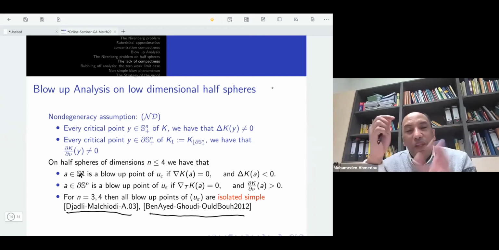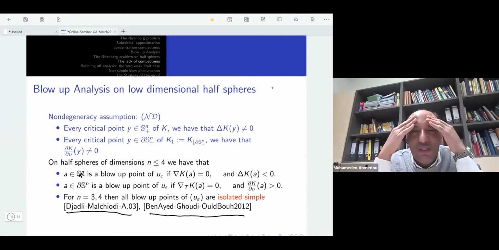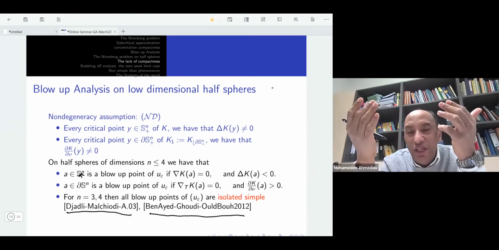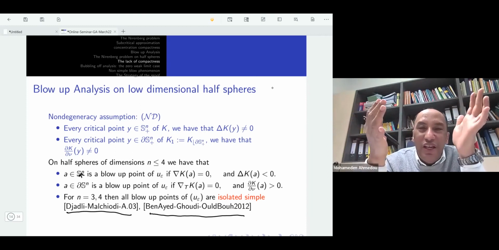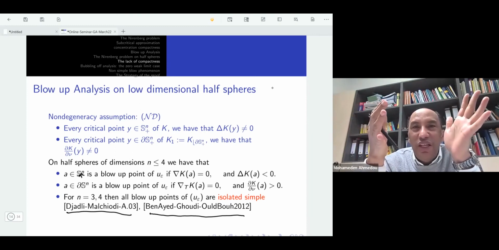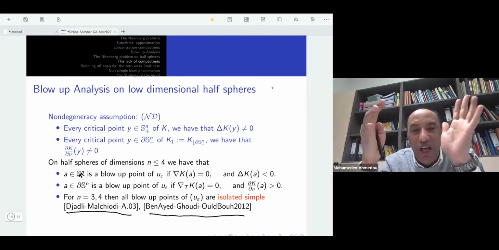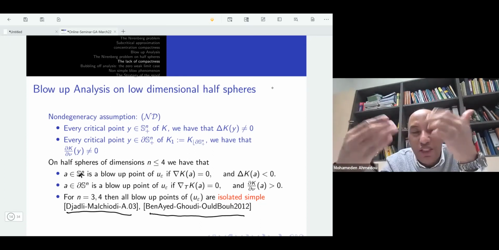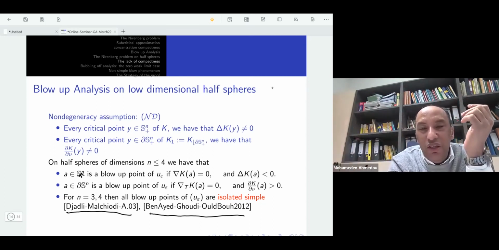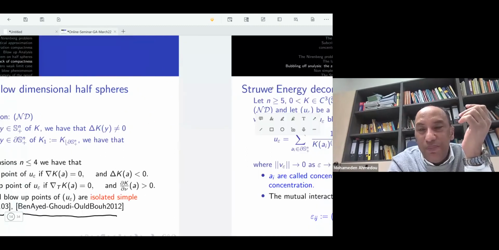And now our goal here was to analyze what happens for the high dimensional half sphere. We have seen that for the case of the closed sphere, it took more than 20 years to understand the full picture, and we wanted to understand the same picture on the half spheres.